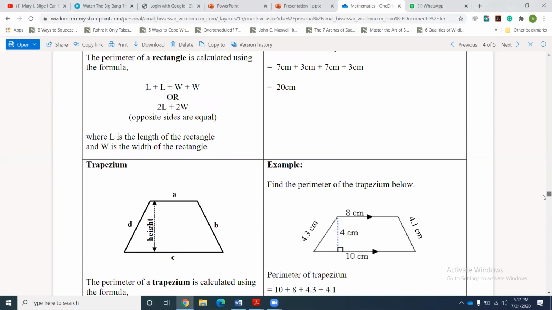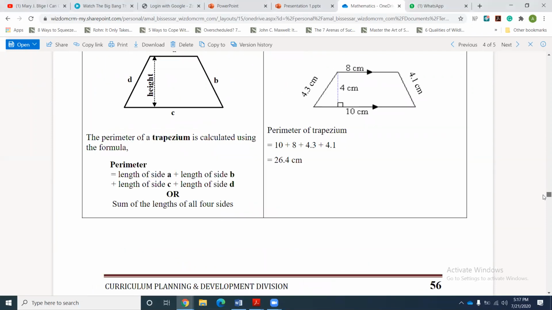With regards to, as I said, trapezium and these, they come, but it's really just distance around. So if I were to just show you this one, that's why again, understanding what is perimeter is important, because if I were to do distance around and I'm walking, I will walk 1, 4.3, 2, 8, 3, 4.1, 4, 10.